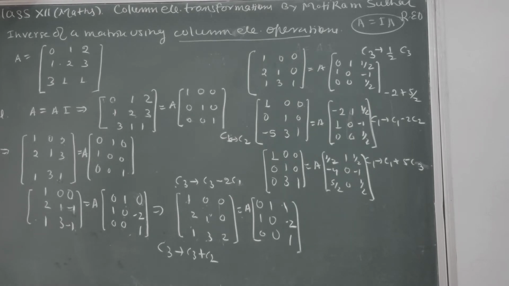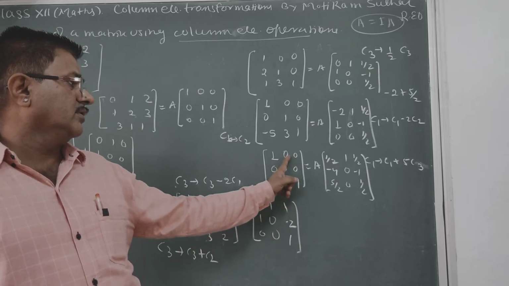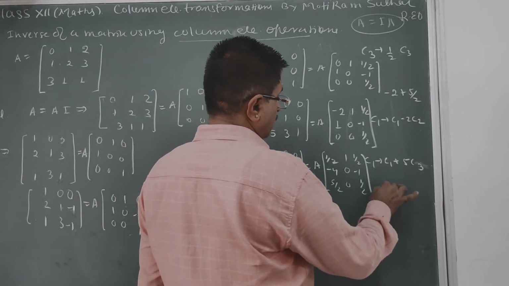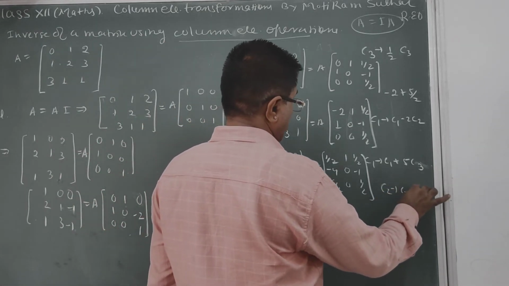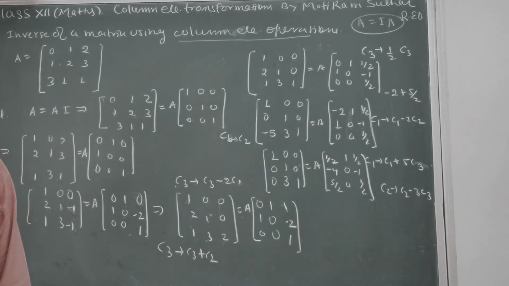Now our target is to change 3 into 0. So you can say this minus this into 3 times. Means C2 can be written as C2 minus 3 times of C3. Okay? So finally we use rule that is C2 as C2 minus 3 times of C3. This rule will finally apply.